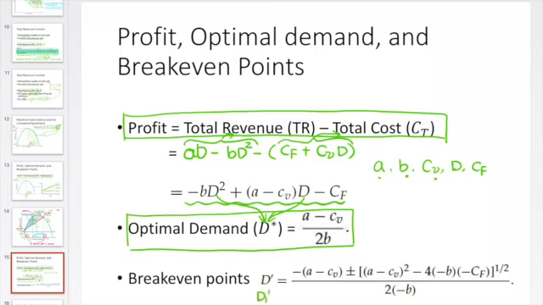D prime is D1 prime and D2 prime. You use this long function. Well, it is pretty long, but you don't have to remember that. You just use this function. We are open book, open notes when we do exams. So don't worry if you don't remember that, but you have to know how to use it.